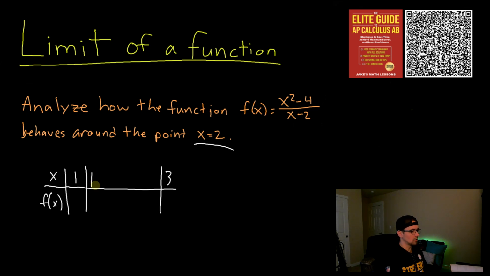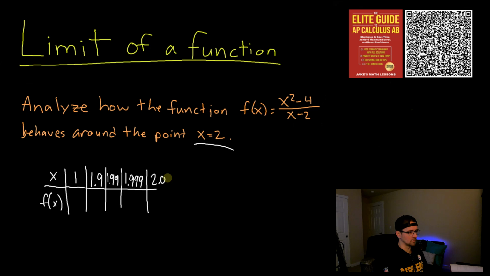So we'll go 1.9, 1.99, 1.999, and I'm going to need to stretch this out a little bit. Then we'll get points that are a little bit bigger than 2, but super close to it.